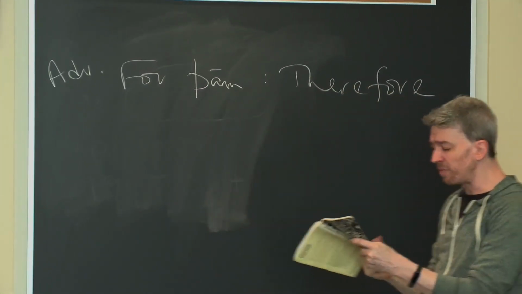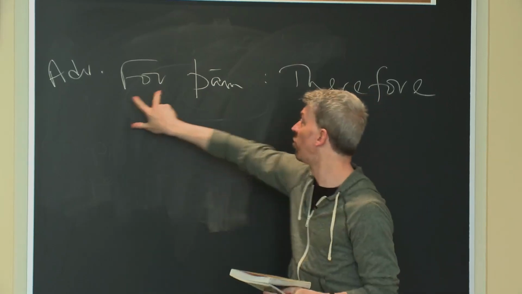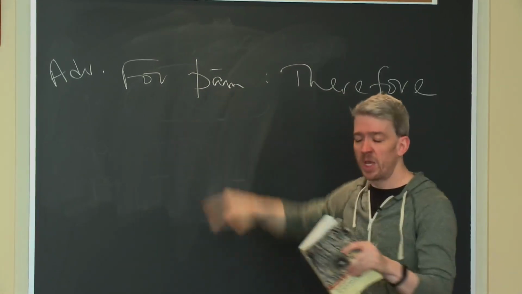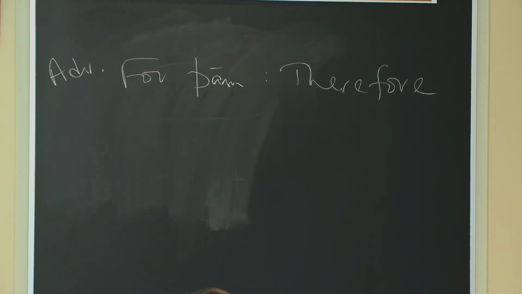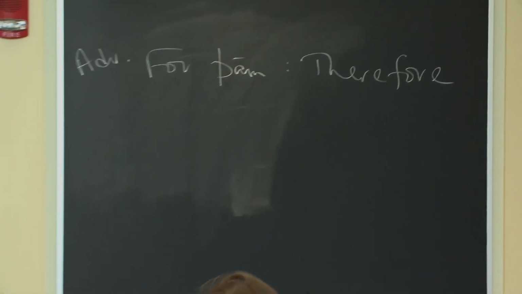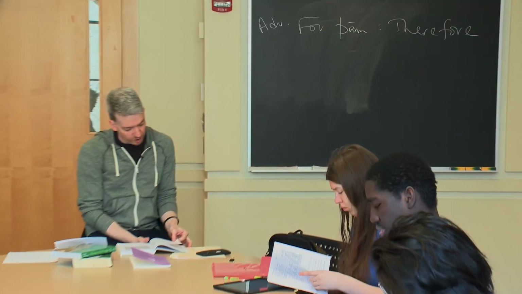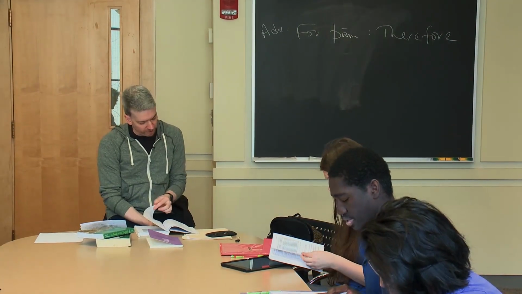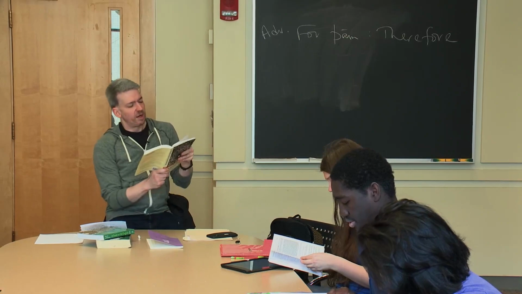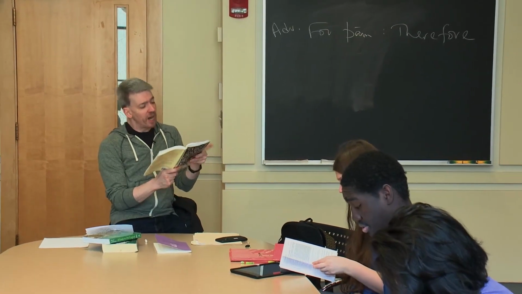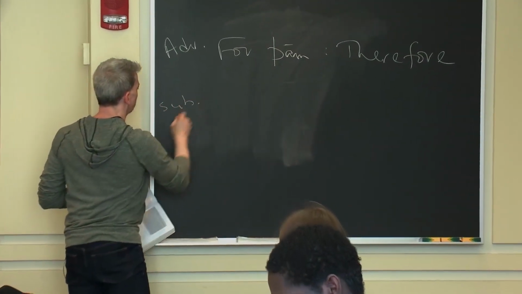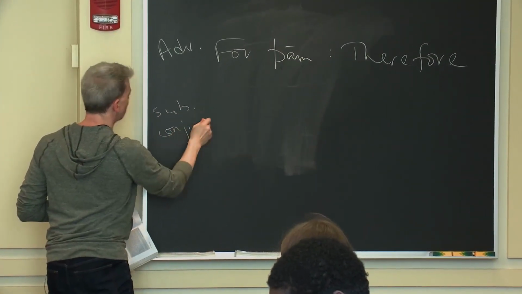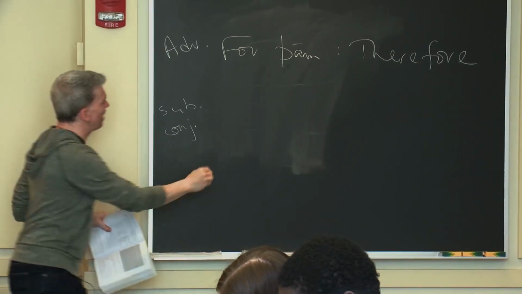As an adverb, it means therefore, literally, for this reason, right? But it can also be, if you take a quick look at 10.3, so we're going to flip back and forth between page 100 and 102, tables 10.1 and 10.3, it can also mean because. So, subordinating conjunction, adverb.